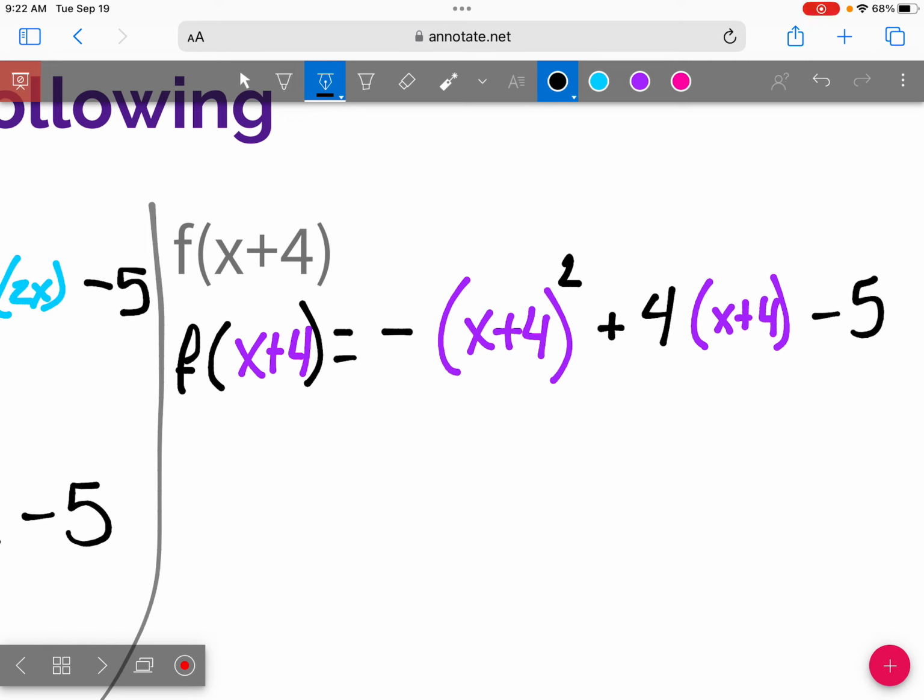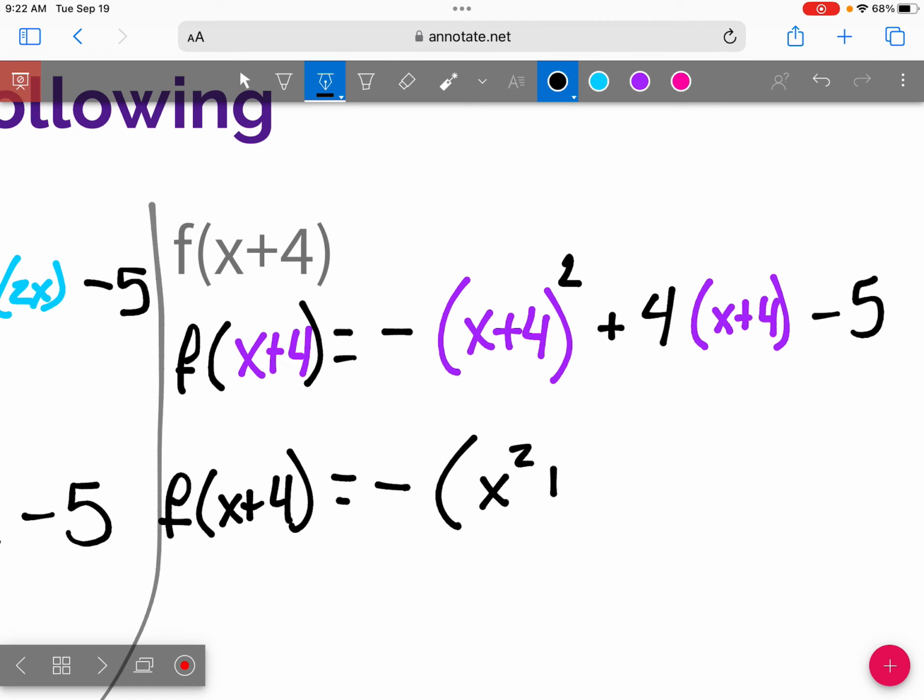This time we are going to have to do some work to simplify it. Because f of x plus 4, that's not changing. The opposite of, what is x plus 4 quantity squared?